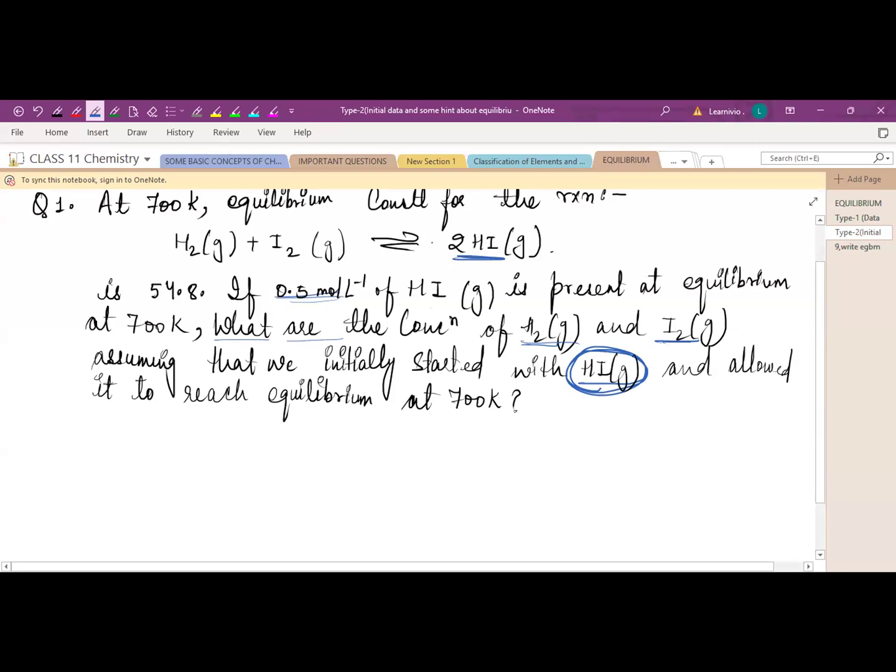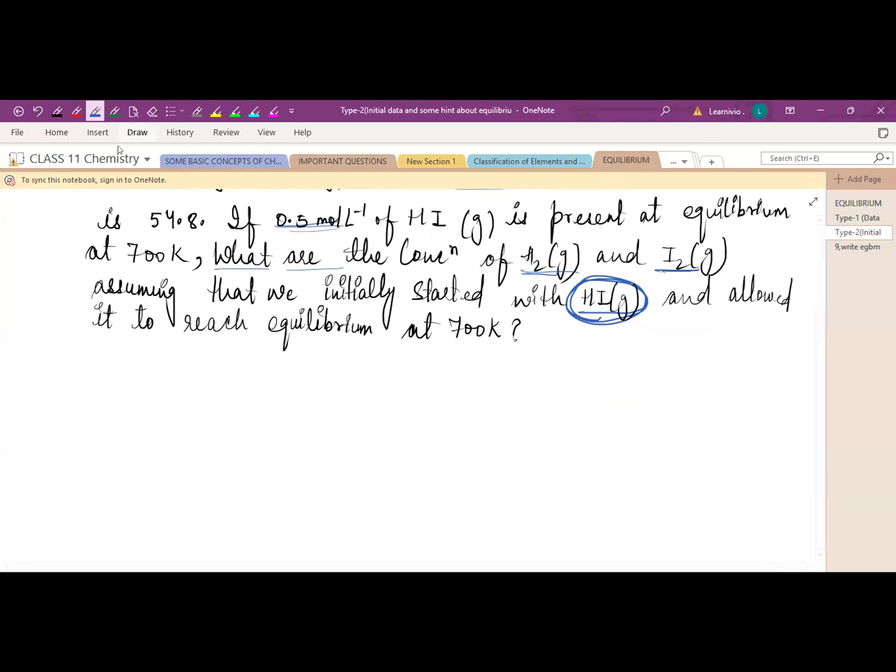It means the reaction is proceeding in the reverse, backward direction, because we assume the reaction started with HI and was allowed to reach equilibrium at 700 Kelvin. Now let's see how to do this question.